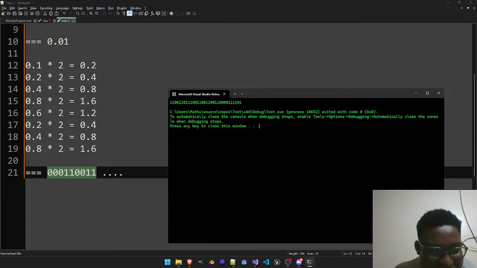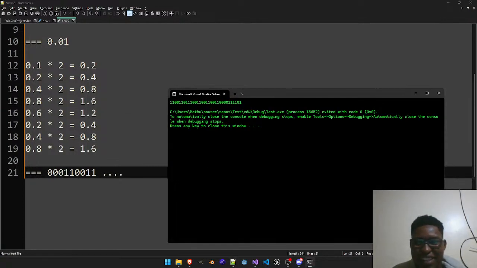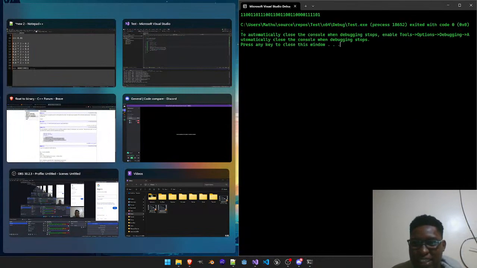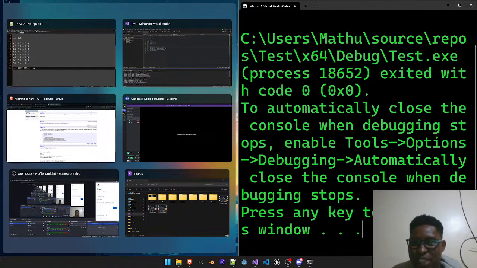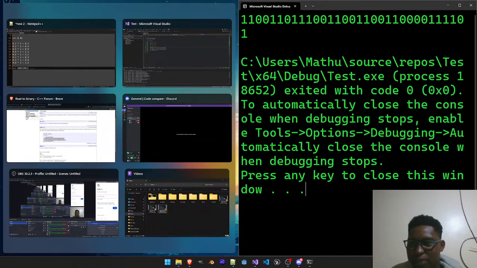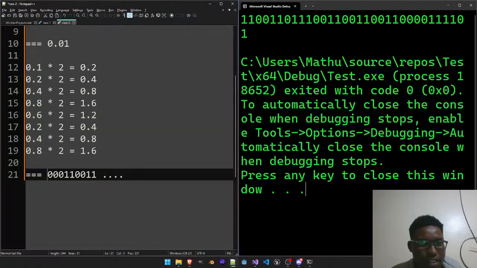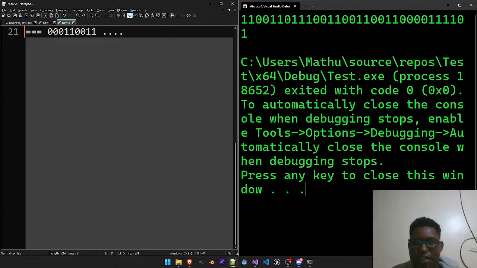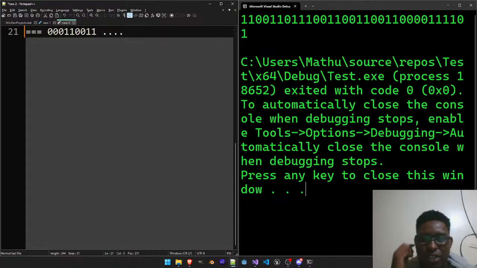This is not the same value, even for starters. Let me zoom in so that everyone can see. Ours is starting with zero, and this one is starting with one, which doesn't make any sense.